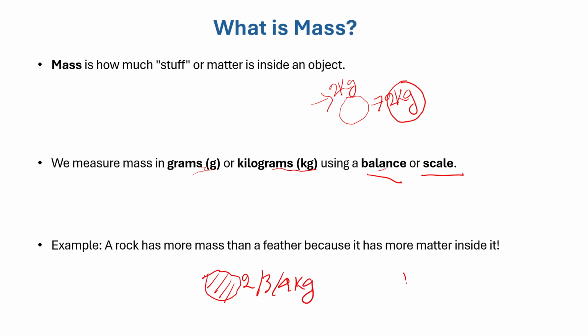And a feather is just very light, so it has, suppose, a very small mass, like probably 0.05 gram or even less than that. So this is because this rock has more mass compared to this feather, and that's why it weighs higher than this feather.